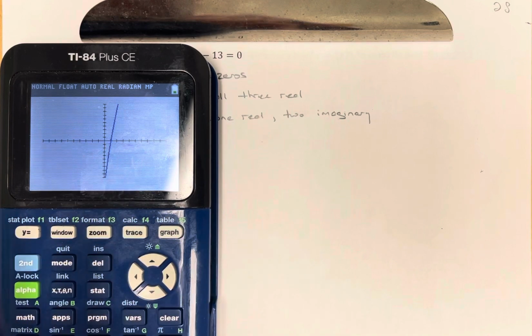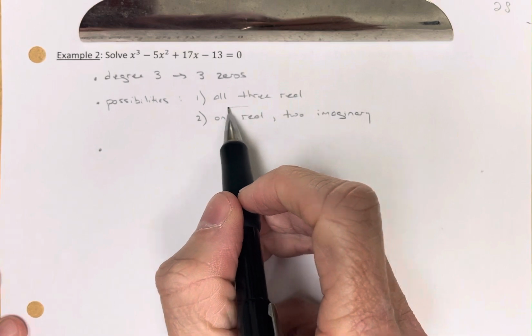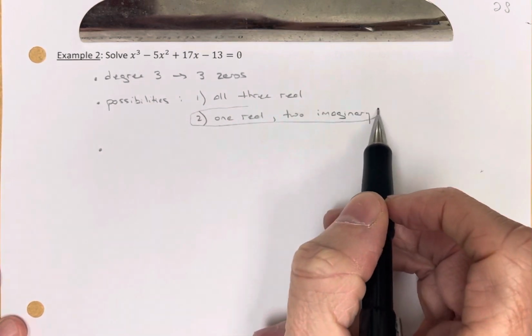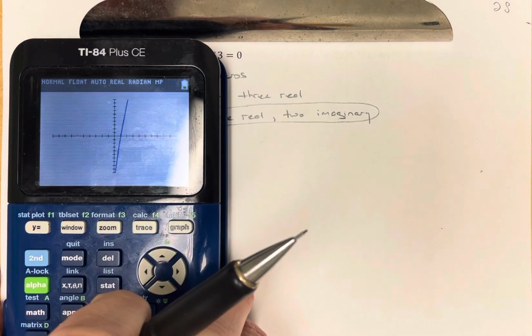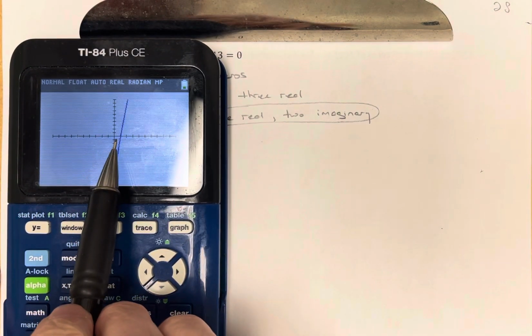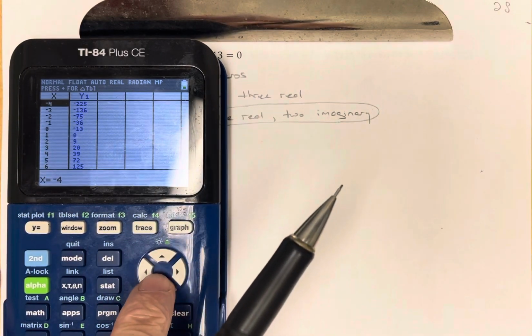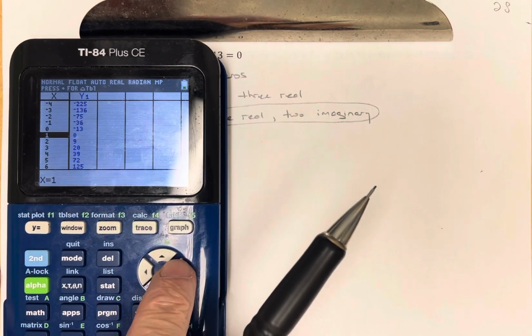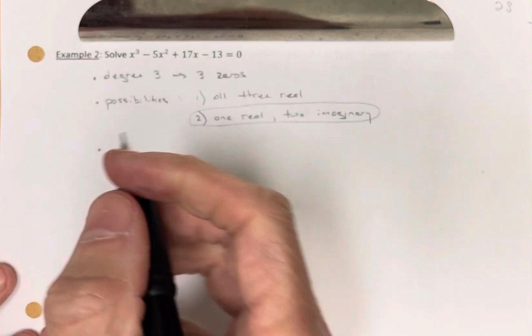So let's first say that I know that I have one real and two imaginary. It's only crossing one time. Now let's take a look. It looks like that's crossing at 1. Let's check with our table. And sure enough, at x equals 1, I have a rational 0. Well, that's terrific.